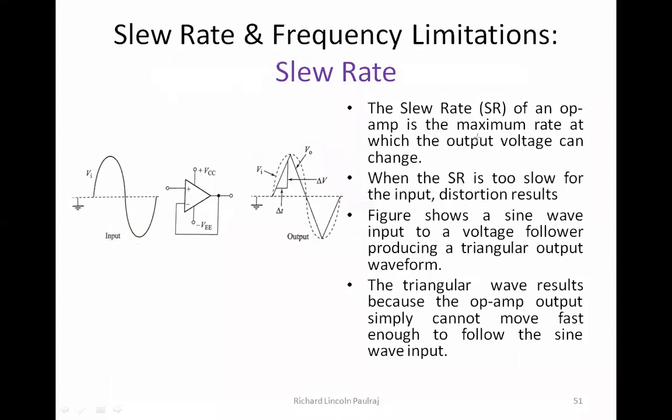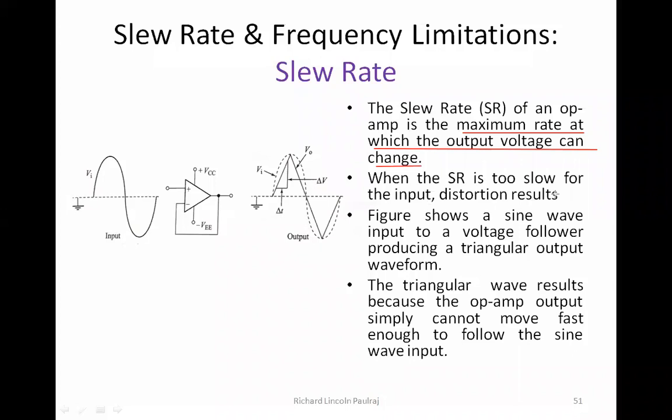You can think of it as the maximum rate at which the output voltage can change. This part is important: the output voltage changing and how much of a maximum rate. So we can see that different levels of voltages are attained. When the slew rate SR is too slow for the input, distortion results.